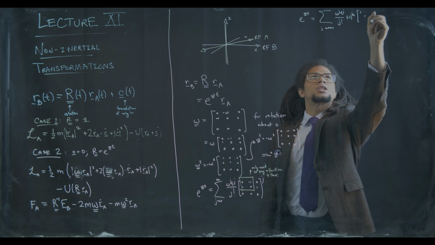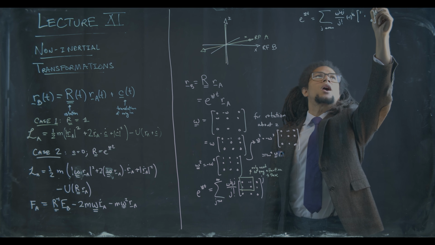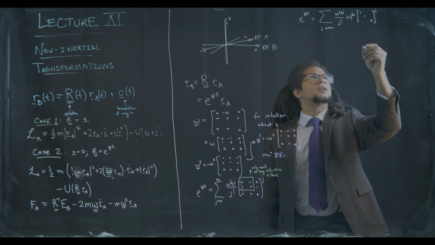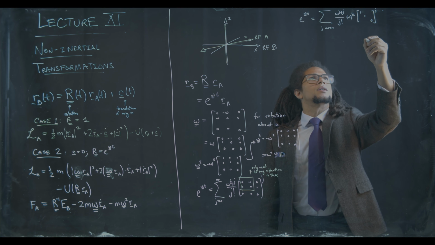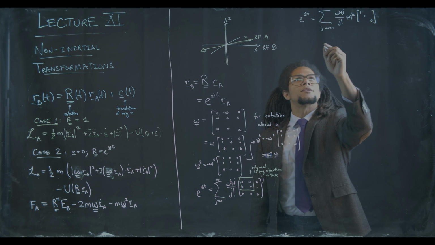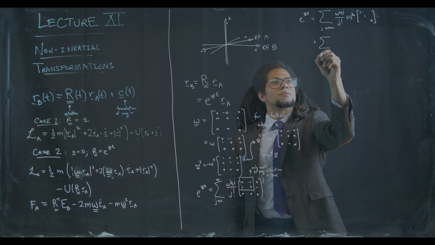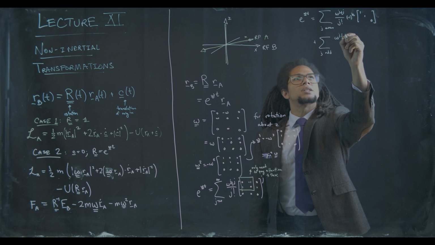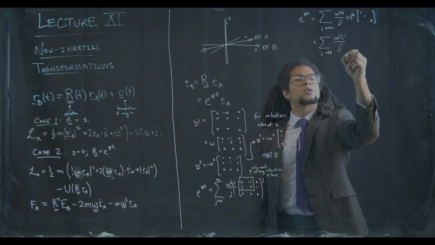Again, I guess I'll just keep the 0 down here, but I'm not really going to need it. Sorry, and then this does not need to be raised to a power anymore. Great. Then I have the odd terms, omega to the j, t to the j over j factorial.